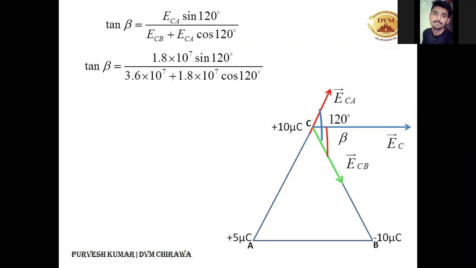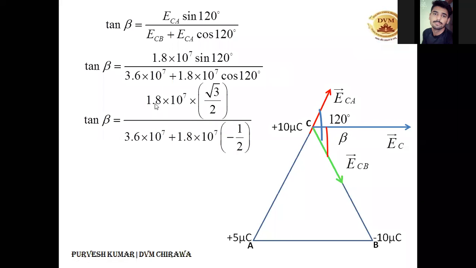Solving it out, you are left with 1.8 into 10 to the power 7 root 3 by 2 divided by 3.6 into 10 to the power 7 plus 1.8 into 10 to the power 7 cos 120, which is minus half. Solve it up.